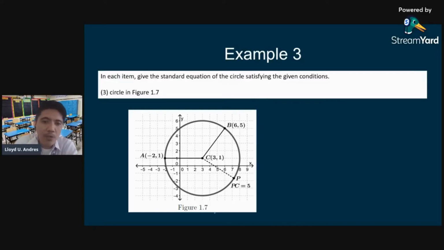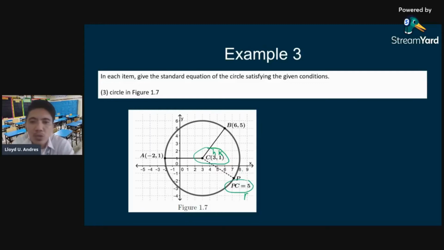In figure 1.7, we are given a graph with given center whose coordinates are 3 and 1 and given radius of 5. So therefore, our h is 3, our k is 1, and our r is 5.